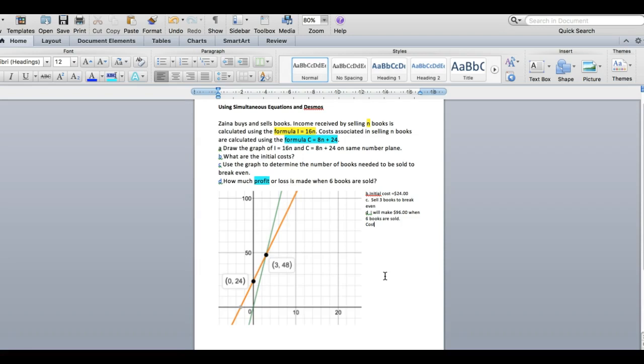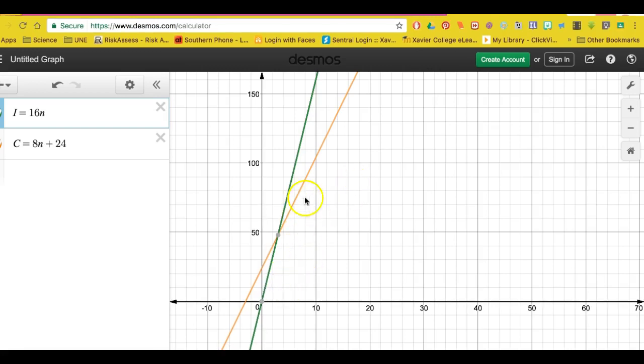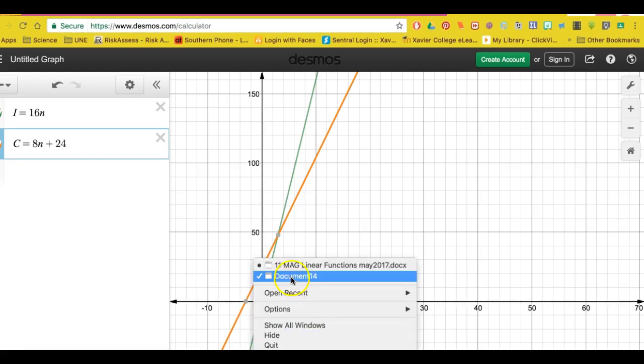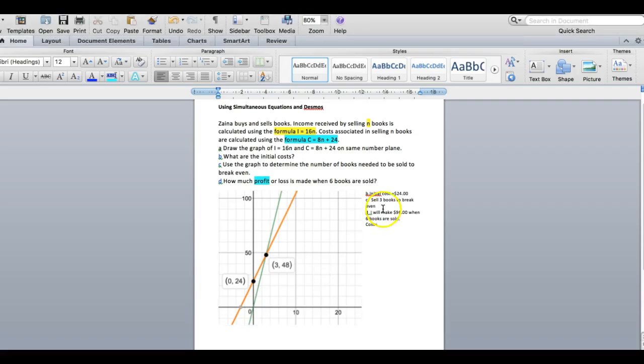So cost equals, and we'll go back to DESMOS again. The cost for 6 books is $72 to actually sell those books. So 6 books, $72. Back to my original one, equals $72.